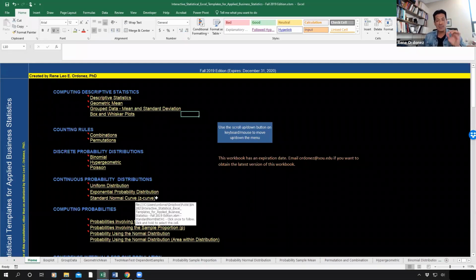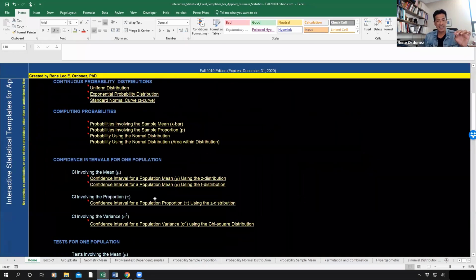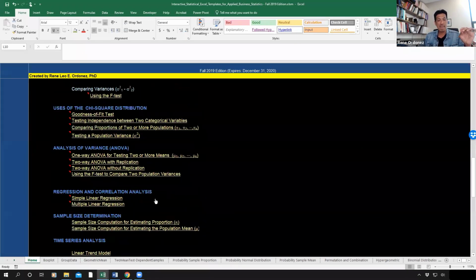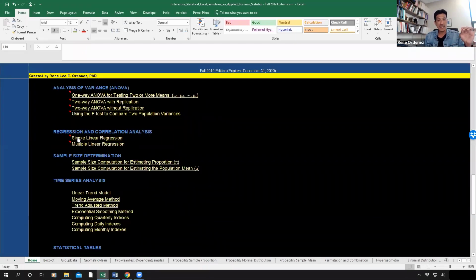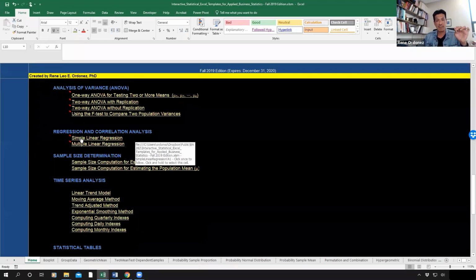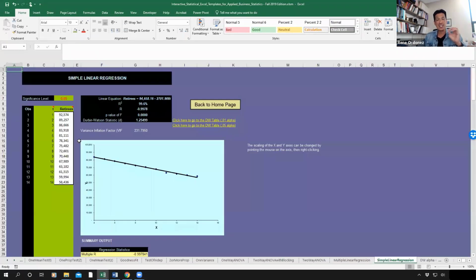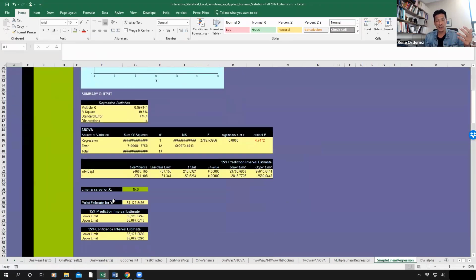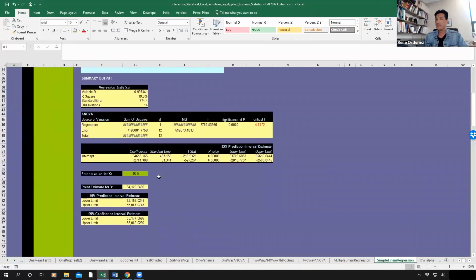Because the advantage of using this template, especially this simple linear regression template, is that it will also compute for you down at the bottom here the point estimate, your Y hat, and also the prediction interval estimate as well as the confidence interval estimate.